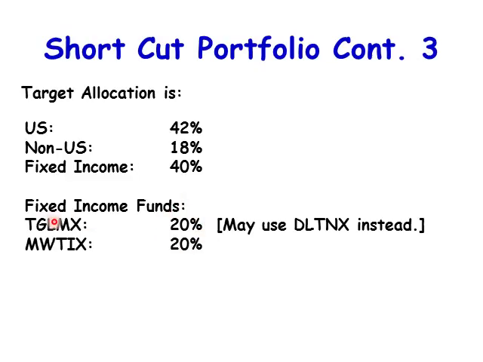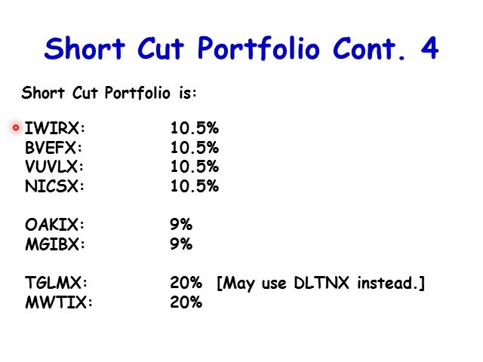So our portfolio now is IWIRX and the US funds all at 10.5%, the international funds at 9% each, and the bond funds at 20% each. That is the easiest way to build a portfolio given a set of funds we selected.